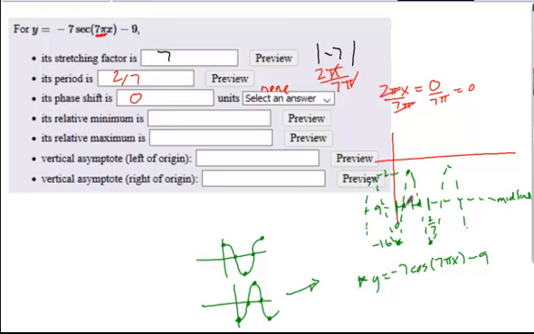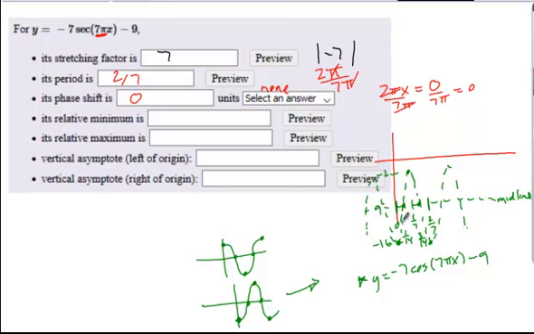Okay? So I can find what these actual values are by cutting them in half. If I take half of this distance, 2/7 divided by 2 or times 1/2 is just 1/7, so that's this critical point. And then cut each of these in half, so half of 1/7 is 1/14. So when I'm finding my critical points, 0, 1/14, 2/14, which is 1/7, 3/14, and then 4/14, which is 2/7.